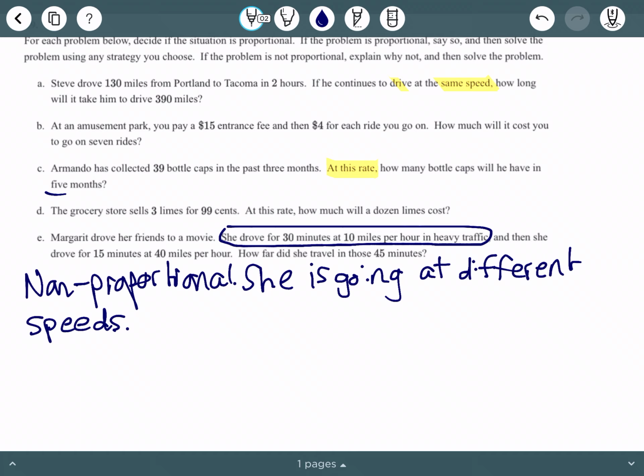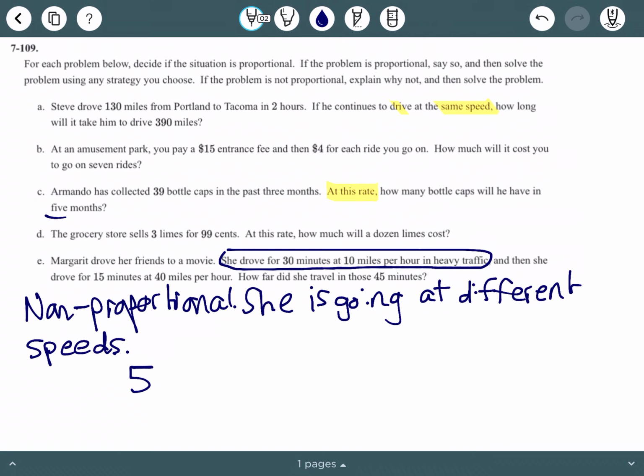She's going 10 miles per hour in heavy traffic. Well, I think by logic, I know 30 minutes is half of an hour. And if she's going 10 miles per hour, then that means she would be going 5 miles in 1/2 hour. So for the first part, she's going 5 miles.